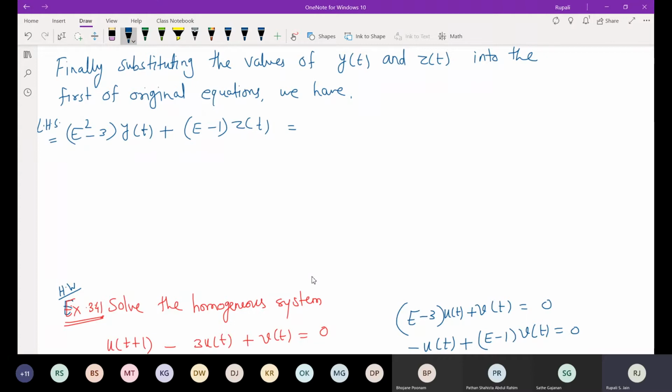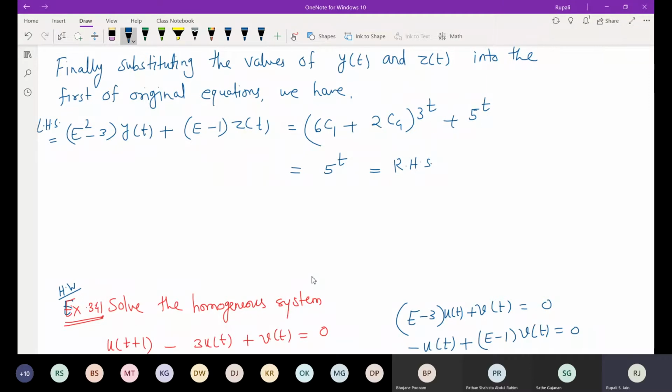Shall I write directly? So you will get here 6C1 plus 2 times C4 times 3 raised to t plus 5 raised to t, which is equal to 5 raised to t, my RHS.